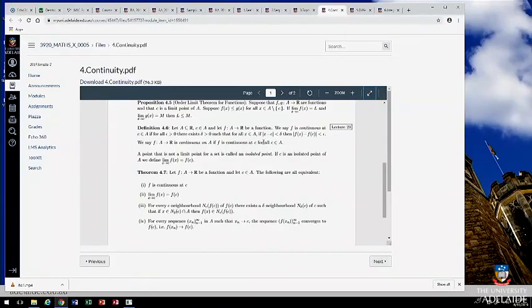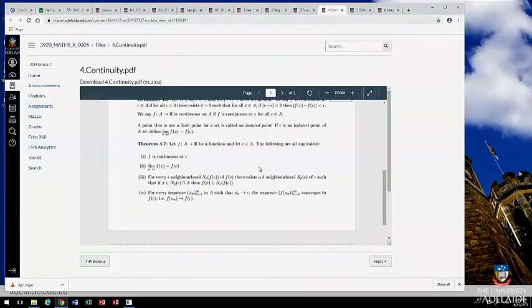Yeah. If we have points that are just limit points, then it's saying that the limit of the function is the value of the function at c. Okay, so this theorem, if it's continuous at a particular point, then the limit of the function goes to that point. Cool.